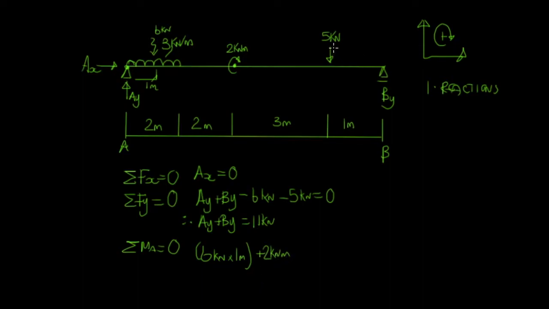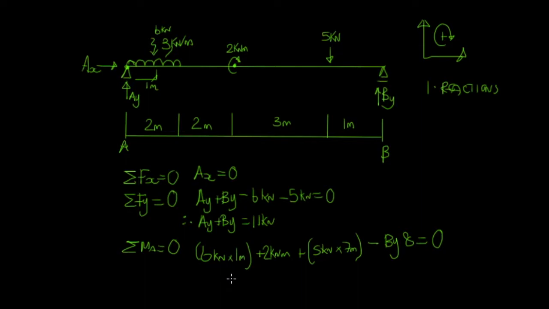And then we've got our 5 kilonewtons, which is acting 7 meters away, and that's also going to be clockwise, times 7 meters. And then we've got BY, which is pushing up, and that's going to be pushing around anti-clockwise in the other direction. So that's BY, and the lever arm from A is 8 meters. And that all equals 0.